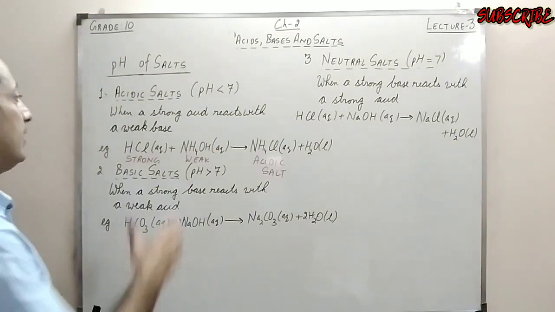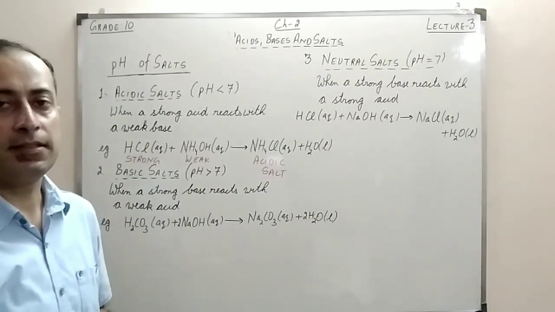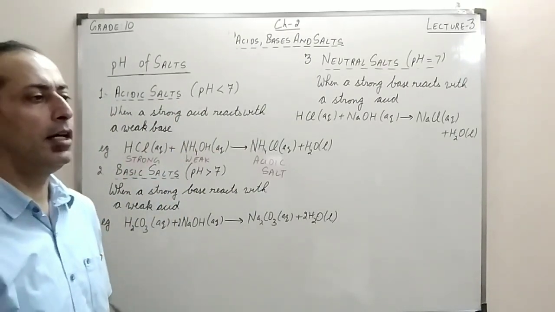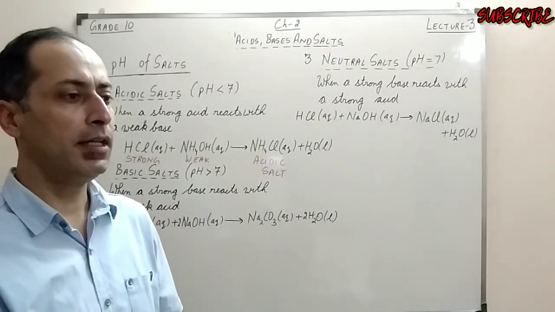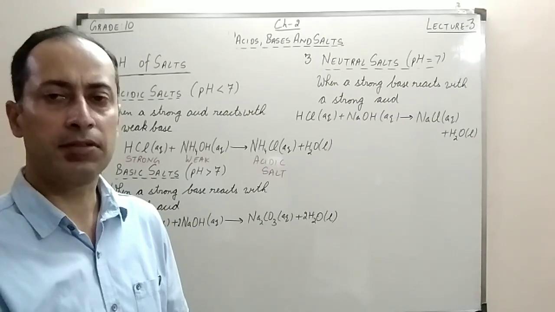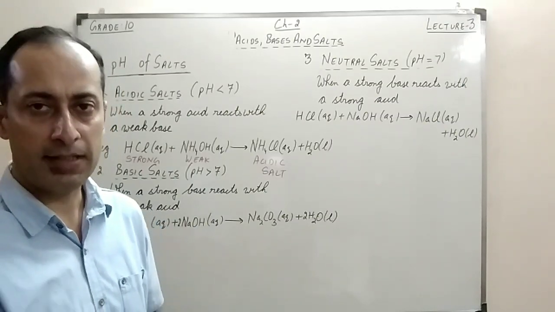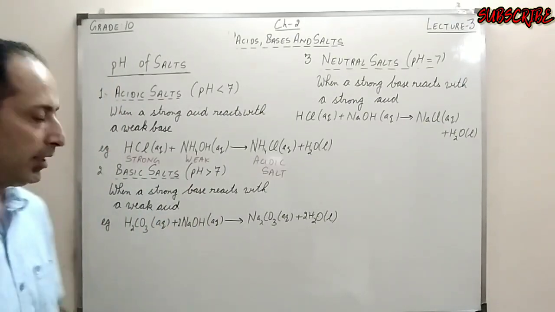Right? So acidic salts will have a pH less than 7. It will not be much less, it could be around 6 or 5.5, not less than that. So they're not very strong actually, right?